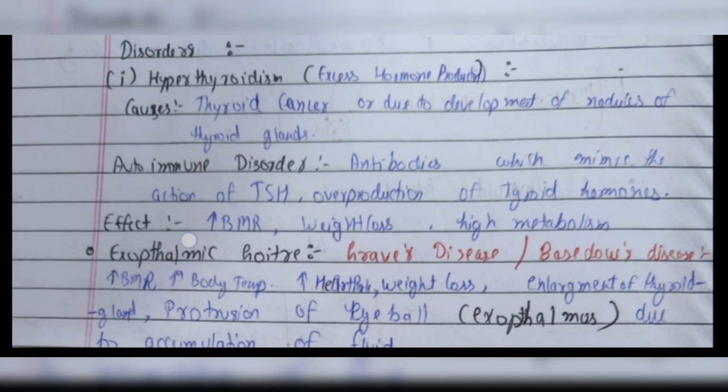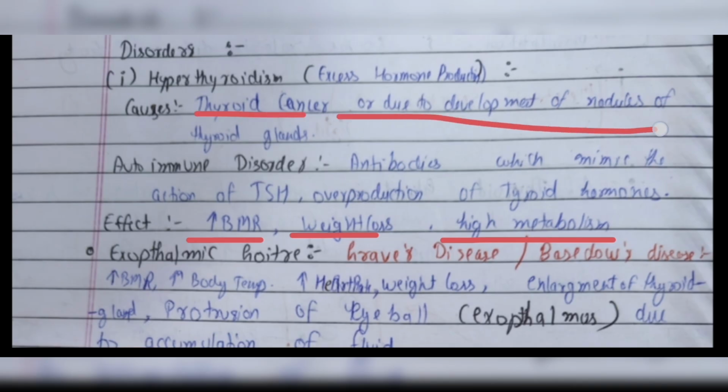Moving on to its effects, it would cause an increase in BMR, basal metabolic rate, weight loss, and high metabolism. Its cause is thyroid cancer or development of nodules, and its effects are increased BMR, weight loss, and higher metabolism than normal.